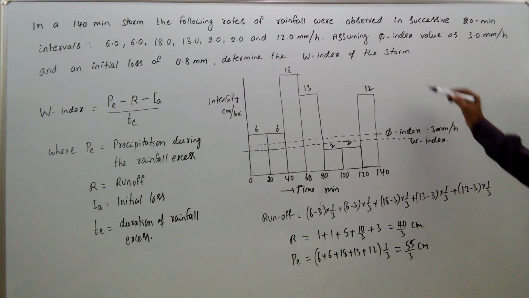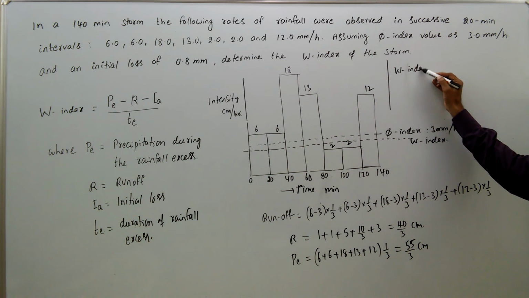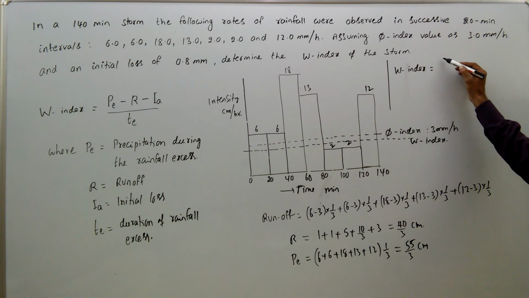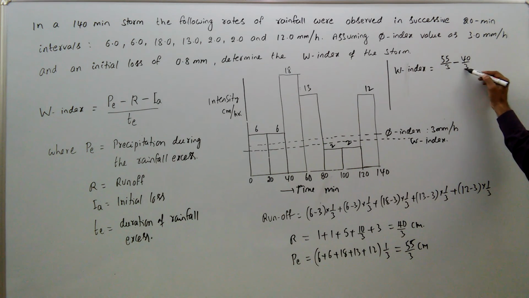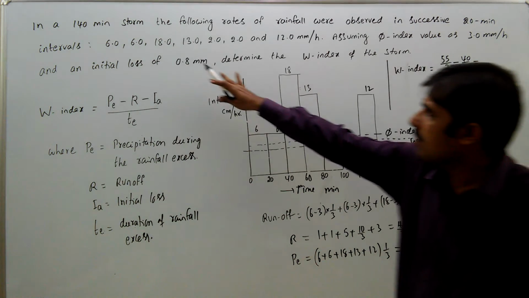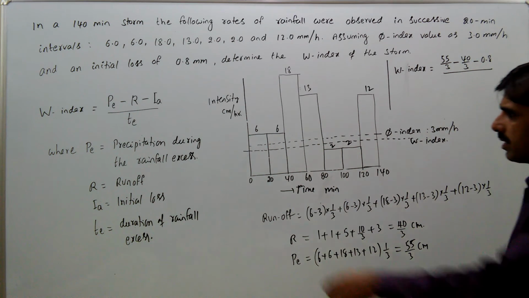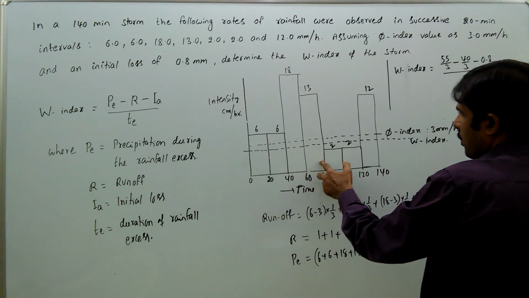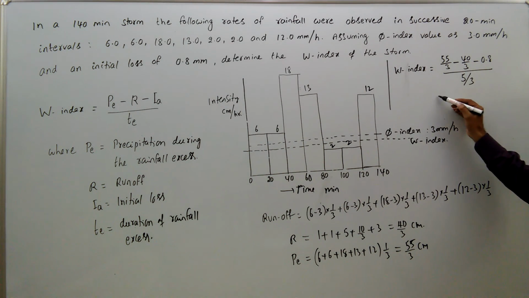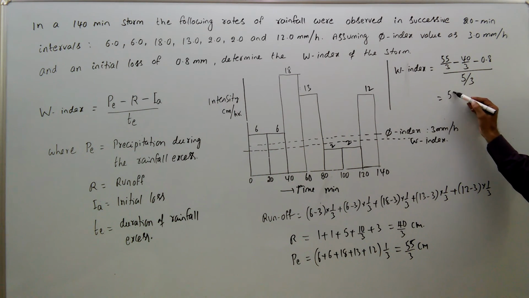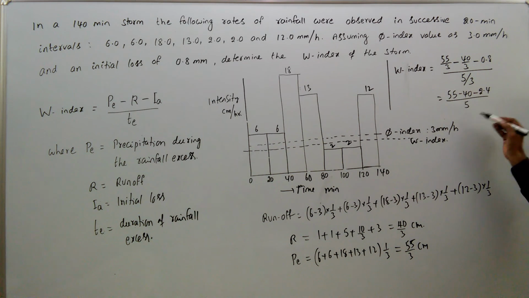So W index equal to PE, 55 by 3, minus R, 40 by 3, minus initial loss, given as 0.8, divided by rainfall excess time, that is 1, 2, 3, 4, 5 pulses. That means 5 into 1 by 3, so 5 by 3. That equal to, taking LCM, 55 minus 40 minus 2.4 by 5.